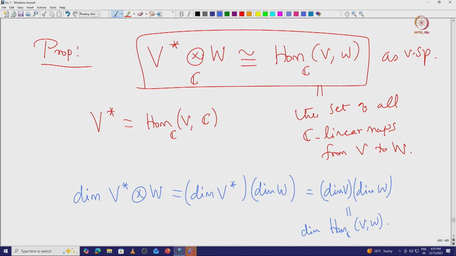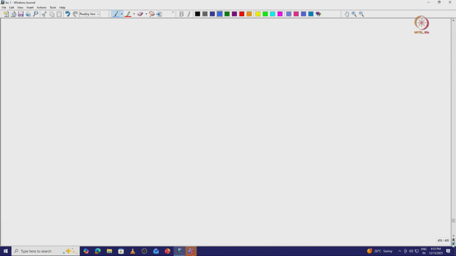That means if we establish some injective or surjective map between these two spaces, that will prove they are indeed isomorphic. But what we are going to do is define a very natural map between these two spaces.